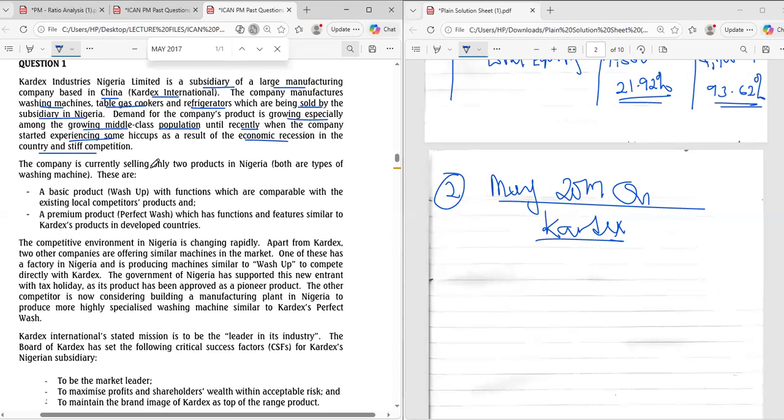The company is currently selling only 2 products in Nigeria.